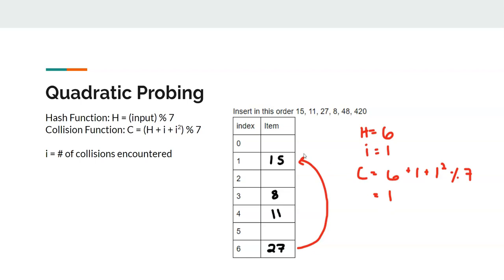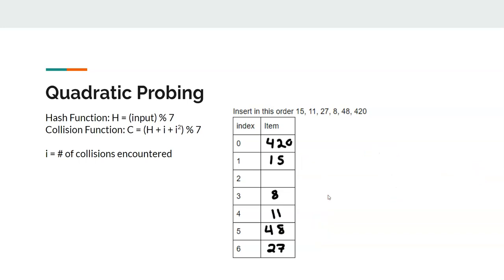Now we go to index 1, but it's already being occupied by 15, so we have to go through the collision function once again. Now the number of collisions is 2, so we input 6 plus 2 squared, mod 7, and get 5. As you can see, 5 is empty, so we can insert 48 just fine. Lastly, we insert 420 and complete our hash table.